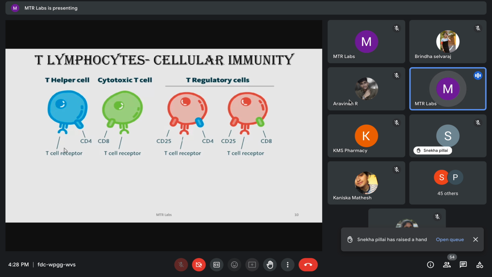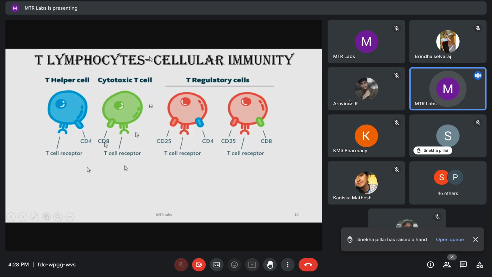And then come the cytotoxic T cells. As the name suggests, they kill whatever antigen is identified. They express the CD8 protein, and this activates class 1 MHC molecules. These liberate granules into the cell which is to be killed. They secrete granules inside the target, so that the cells will be killed.